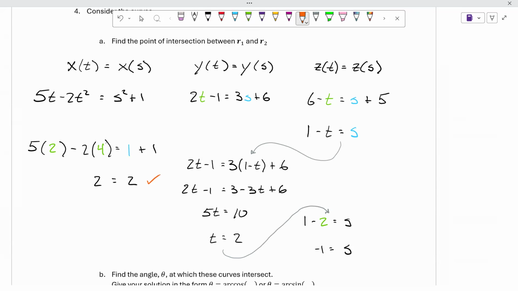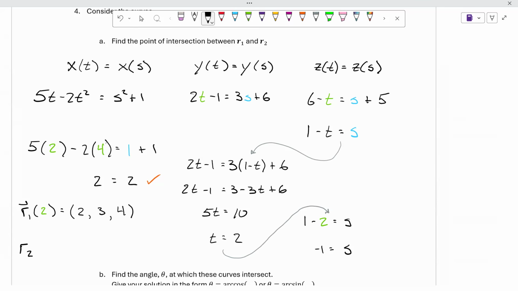So I have a solution at t equals 2 and s equals -1. So then I just need to plug either one of those in. So R1 of 2 gets me a point somewhere. What are we going to get when we plug it in? It looks like 2, 3, 4. Right? I added all that stuff up, right?